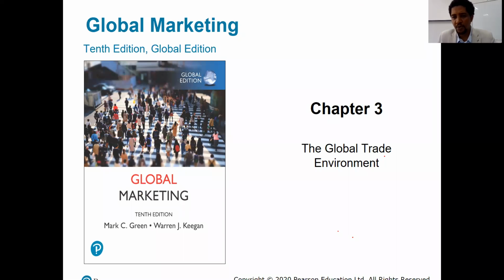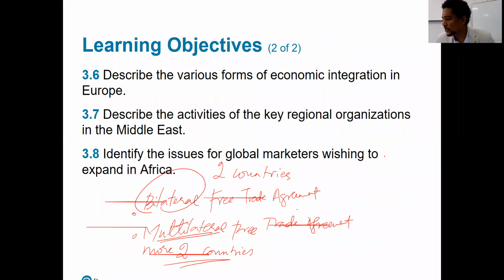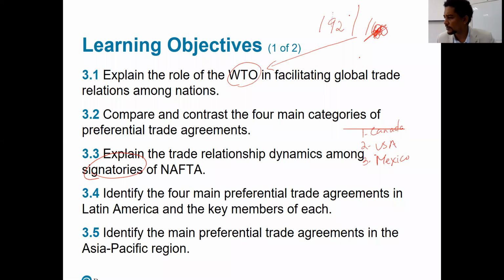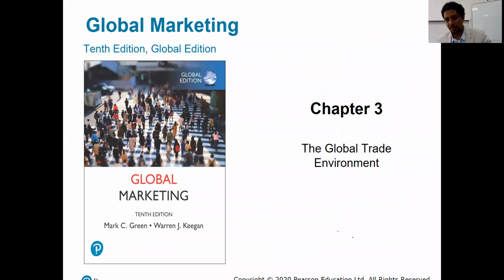One important point I would like to remind you of is to differentiate what is bilateral and multilateral trade agreements.